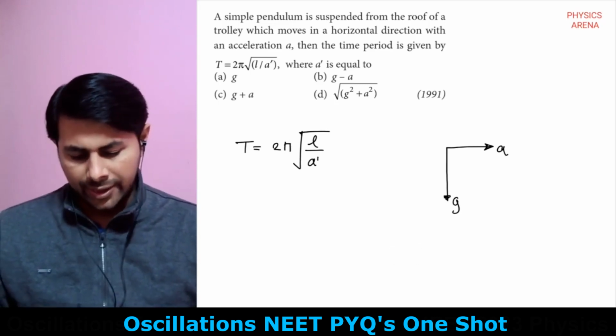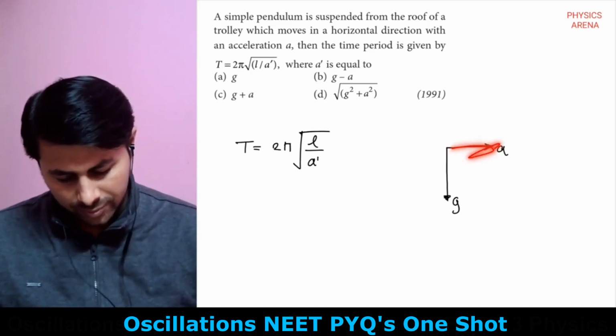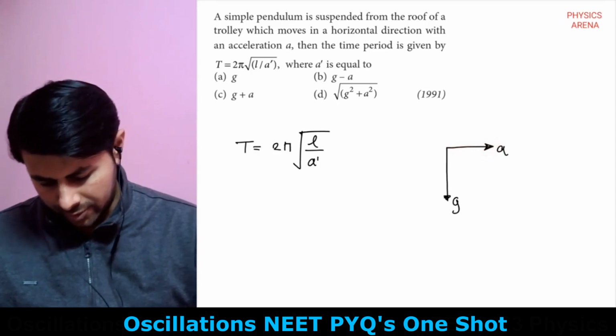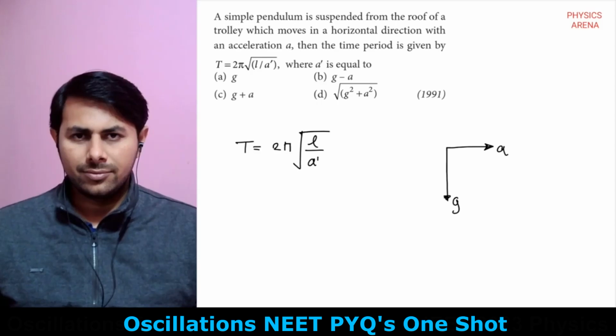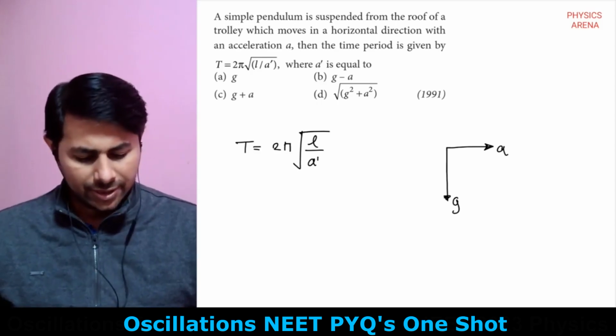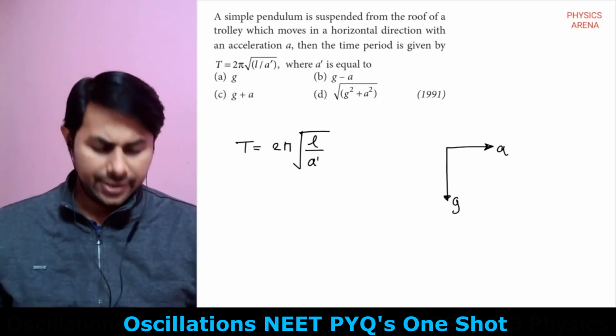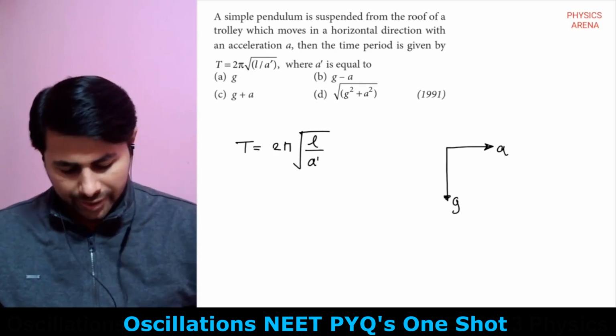So again, what will be the effective acceleration? They are calling it a dash. So a dash squared will be equal to a squared plus g squared.